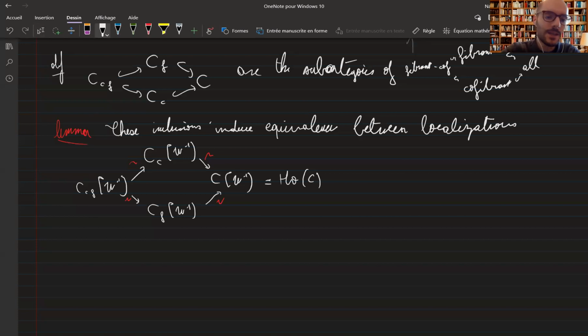All right, so you can restrict to this smaller category. The proof is not very hard. I will only do one of the proofs. The other three are completely identical.